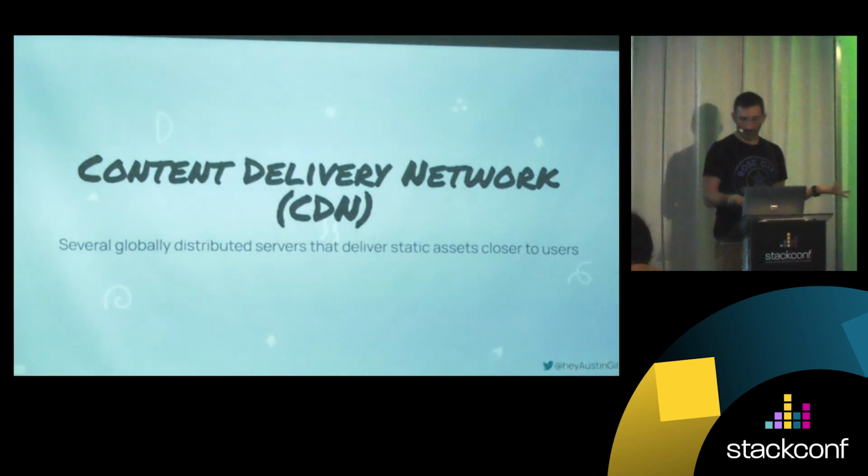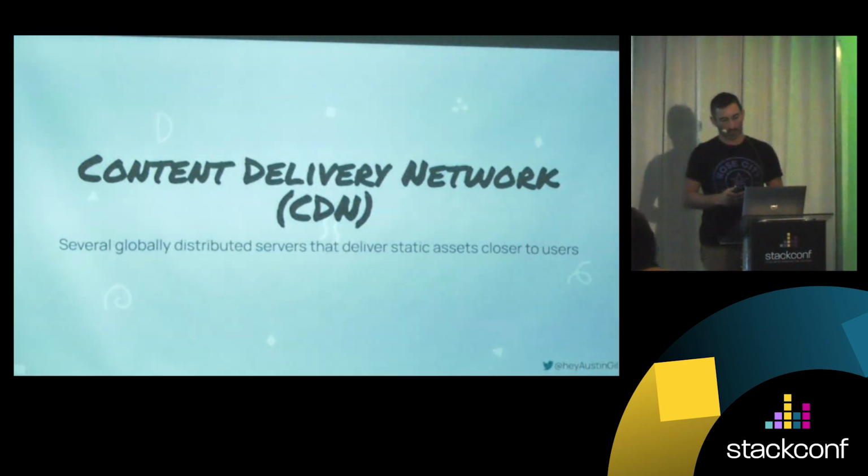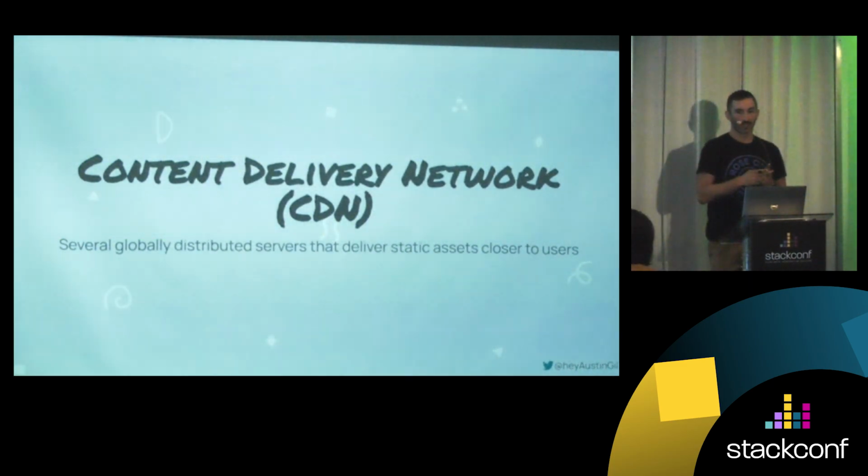So this can greatly reduce latency, and it also works really well with the compute options like client-side rendering or static site generation, because we can build those assets in advance and then distribute those resources to the different CDN nodes around the world.